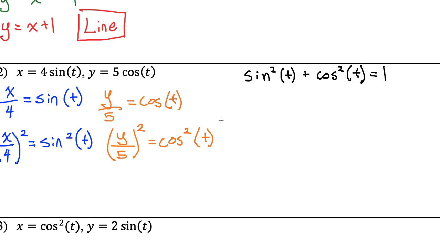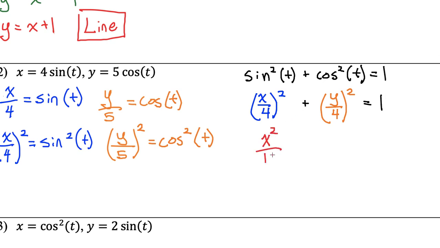So what is sine squared of t? Well, that's x over 4 quantity squared. And I'm going to add the cosine squared, which is the yellow function, y divided by 4 quantity squared, and that should all equal 1. One more step to see the correct form, which is x squared over 16 plus y squared over, wait a second, this is a circle.